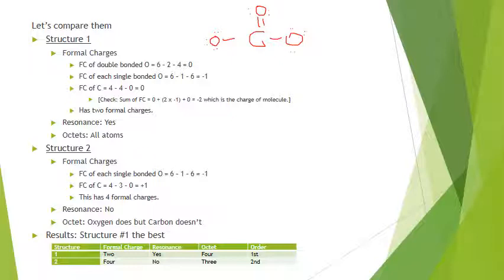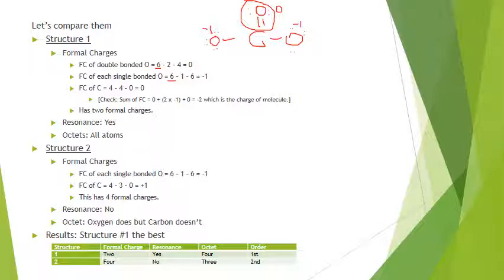The formal charge on an oxygen with a double bond: it has 6 valence electrons, 2 dashes, and 4 dots, so its formal charge is 0. And the formal charge on each single-bonded oxygen is 6 minus 1 minus 6, which is minus 1.